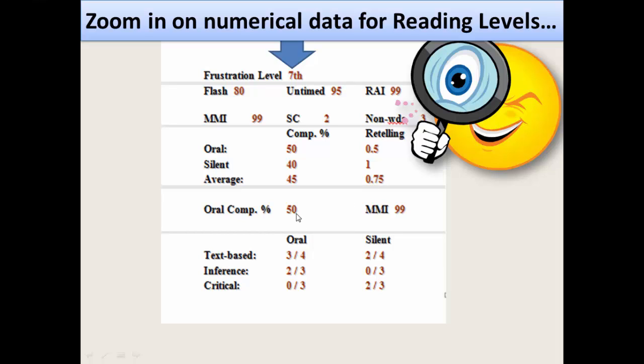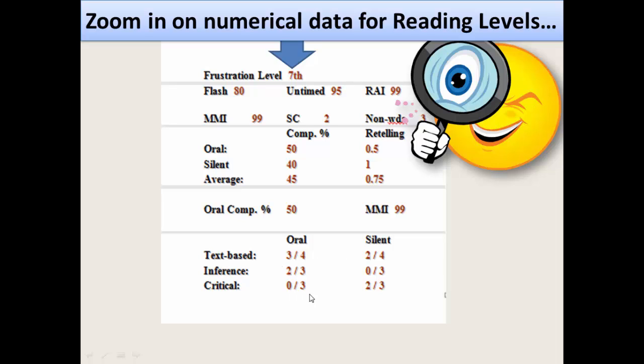Oral comprehension, and remember we said, it's wonderful that this MMI is 99%. Fluency, contextual reading, strong. But if it doesn't result in comprehension, we have to intervene. And we look here to guide us. And we have, again, some pretty consistency in text base.